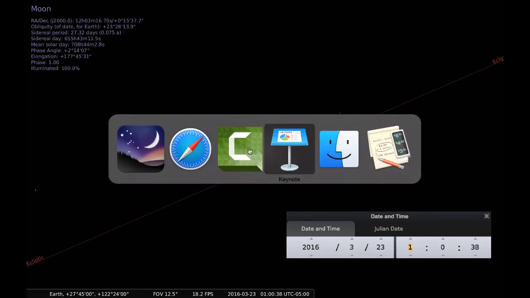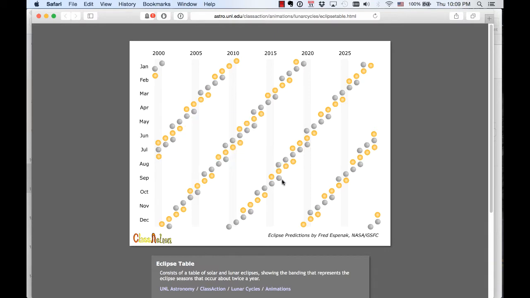In fact, the blood moon eclipse was the fourth in a sequence of total lunar eclipses that happened 6 lunar months apart. It's called a tetrad. So here is the blood moon eclipse on September 28th, 2015. If I go back 6 months, there's another total lunar eclipse on April 4th, 2015.